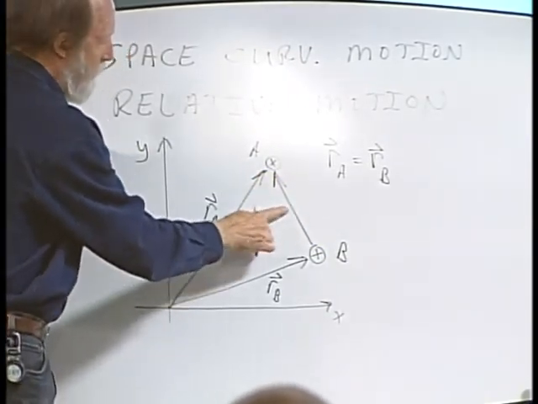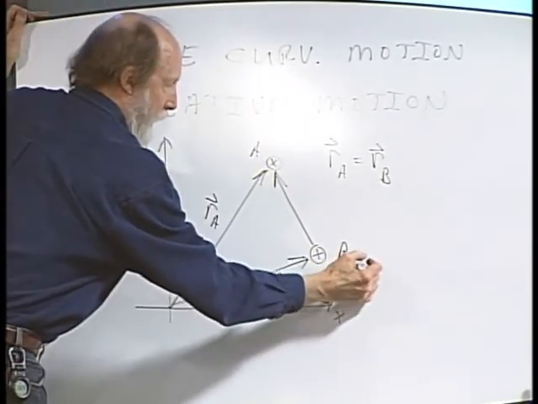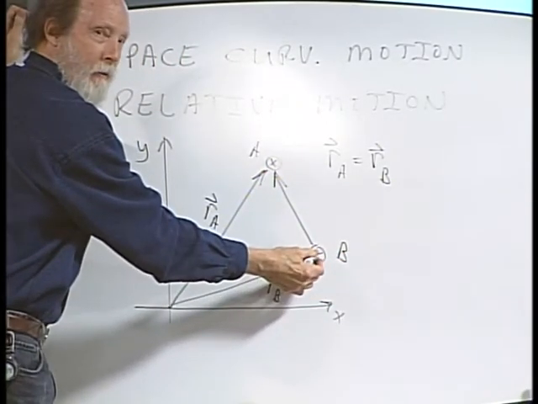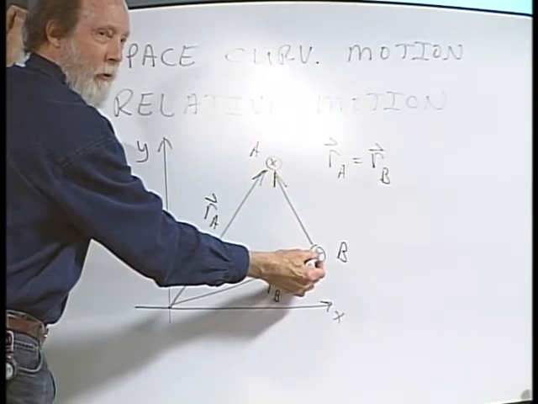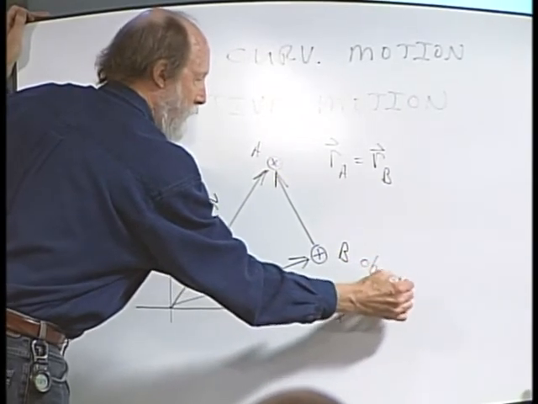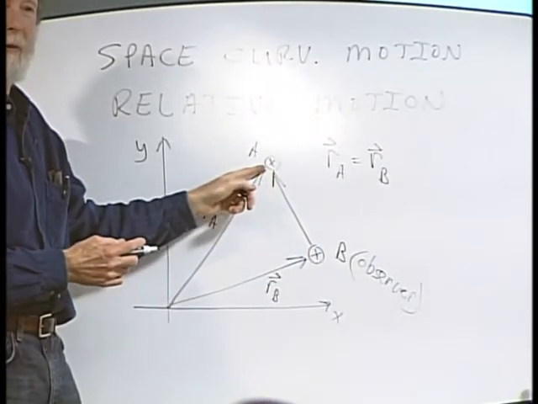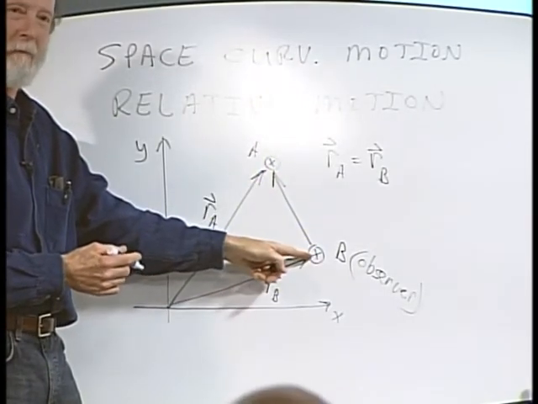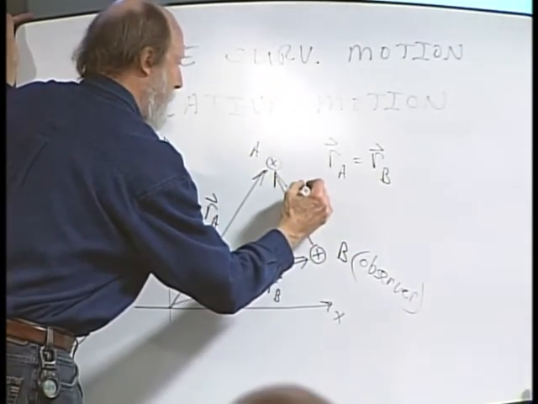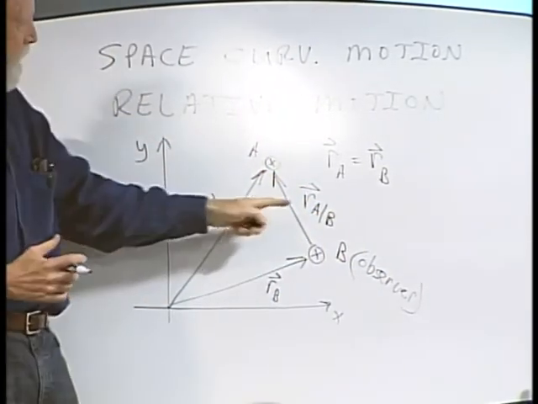And we need to come up with the notation for this. I'd like to emphasize that this is where we are going to position ourselves so we can make this a little more real to us. So we are going to be the observer here, and we're going to be watching what happens to point A relative to our position. The notation we will use, which is consistent with our book, is the position of A relative to B. That's the way we say that.